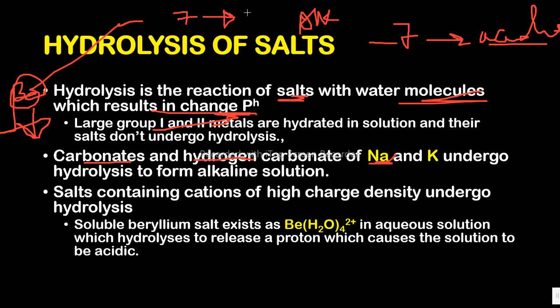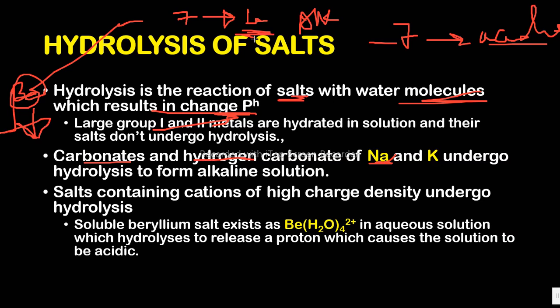And the pH becomes less than 7. The solution becomes acidic.